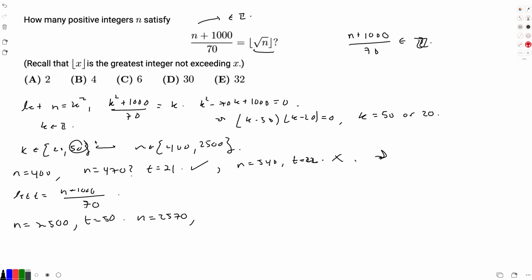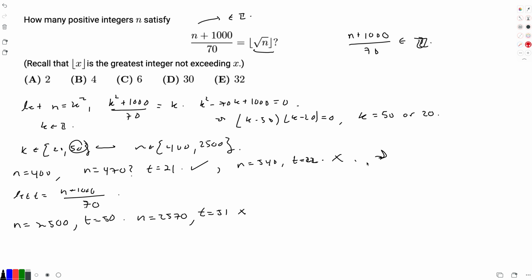When n is 2570, we get 51 on the left. 51 squared is 2601, so taking the square root will floor down to 50, and we want this to be 51. Therefore, this is not going to work. Using the same argument, none of the other values work because this graph is now above the other graph.